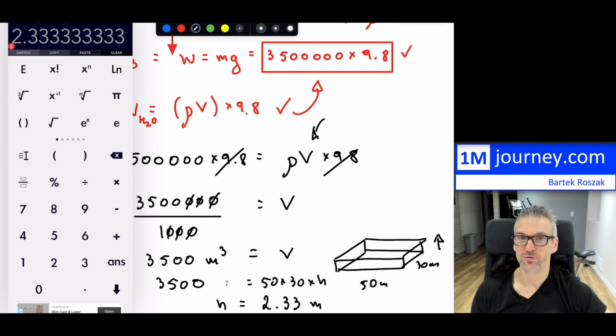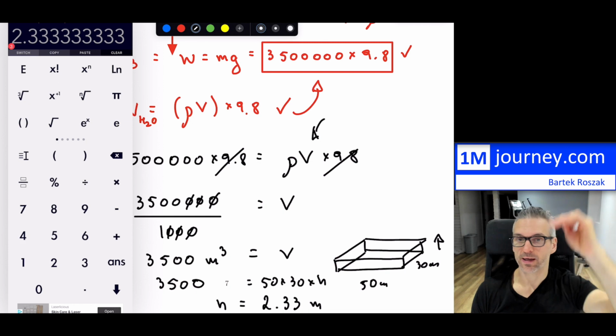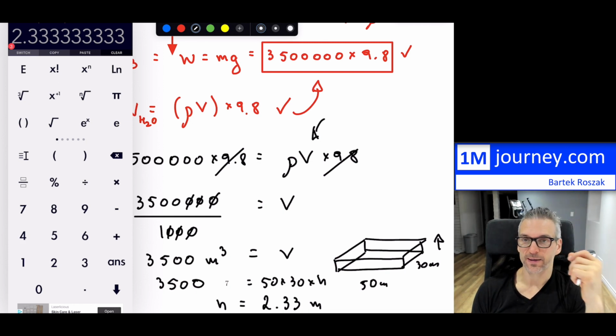2.3 meters in terms of submerging, if the ship is 30 meters up on top, it hasn't submerged too much. If you keep loading this cargo ship and putting more and more weight on it, the ship will sink more and more because of the weight it carries.